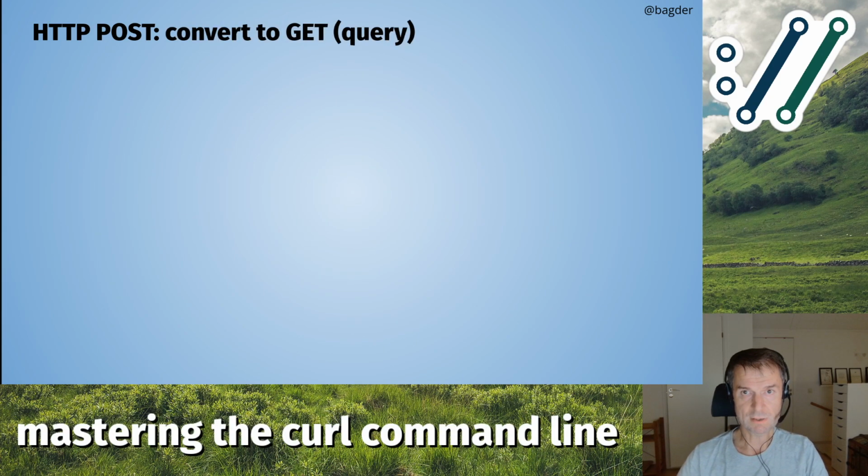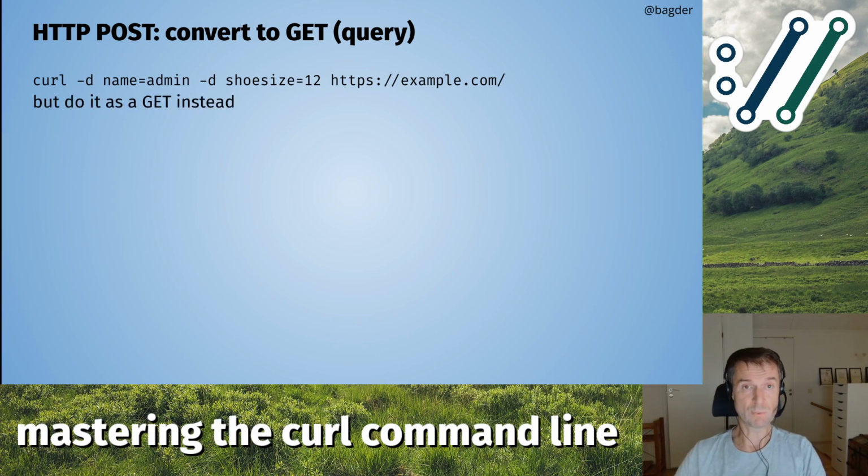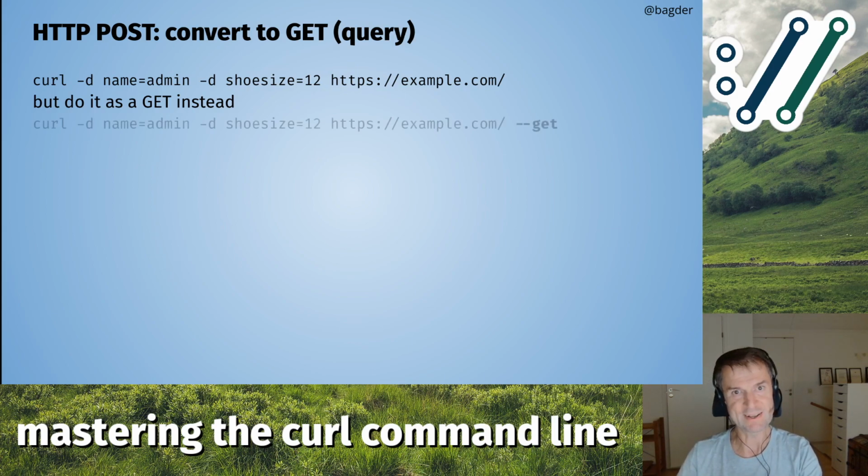You can also create everything for a post and then convert it to a GET. This is super crazy, but you want to send a post with the admin and shoe size. This is an example I used from before, right? But convert it into a GET and put that data, instead of doing a post, as a query part in the URL.